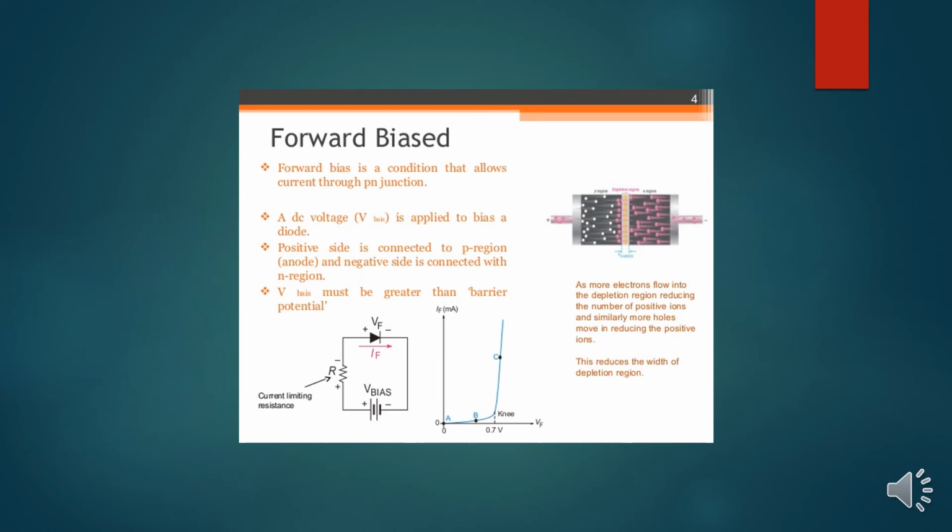The bias voltage must be greater than the barrier voltage, so it breaks down the barrier and the current flows. At this voltage, where current flows in the circuit, it is called the cut-in voltage or built-in voltage or knee voltage. This is typically 0.7 for silicon diodes and 0.3 for germanium diodes.